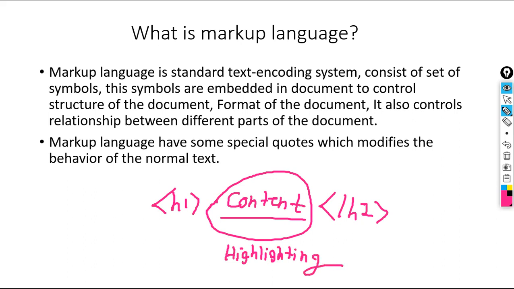Similarly, I can change the behavior of this content with another HTML symbol. A symbol is nothing but a special code. So I will use the b tag to represent this content in bold. In this way, with the help of the special symbols that markup language provides, we can control the behavior of plain text. Now, let's move forward.